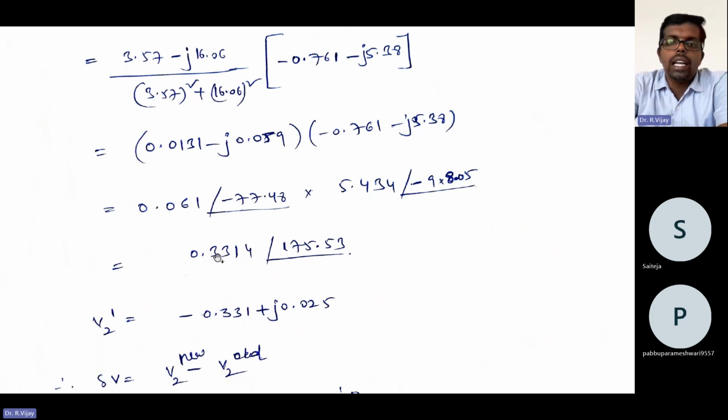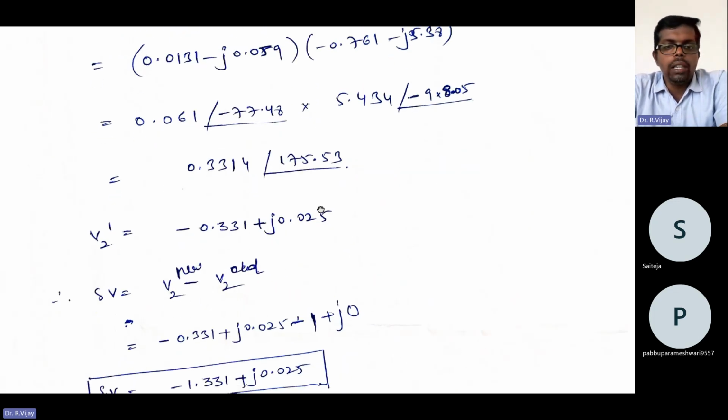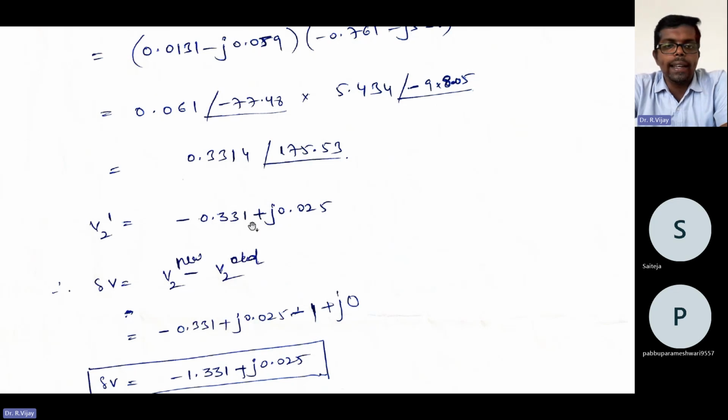Before that, we got it in polar form, that is 0.3314 at the angle of 175.53. If you convert into polar format, you will get the answer like this.